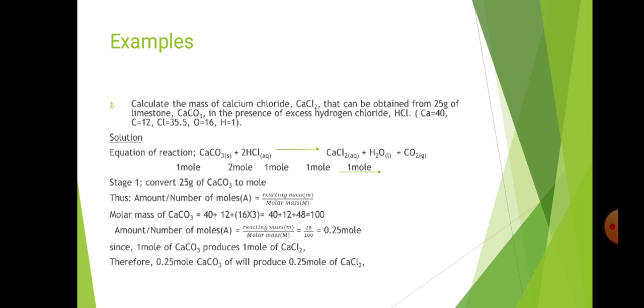From the stoichiometry of the reaction, 1 mole of calcium carbonate produces 1 mole of calcium chloride. Take note. Now let's do mole comparison. 1 mole of calcium carbonate produces 1 mole of calcium chloride. Therefore, 0.25 mole of calcium carbonate will give 0.25 mole of calcium chloride.